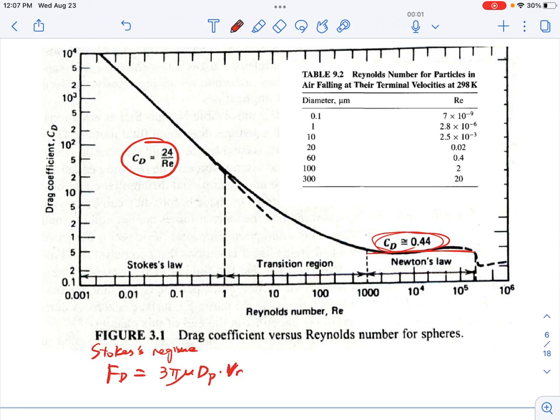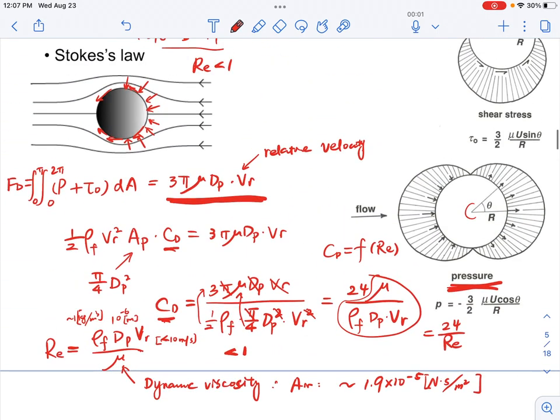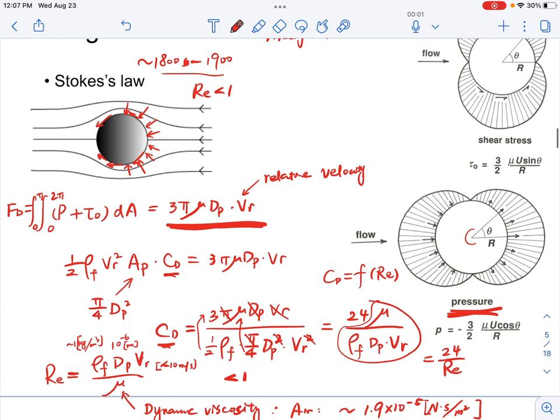But there's one thing that people realized later on, in modern times. If you look at the condition that Stokes assumed, the particle is submerged in a fluid, and the fluid is just traveling along the streamlines. Everything's continuous.